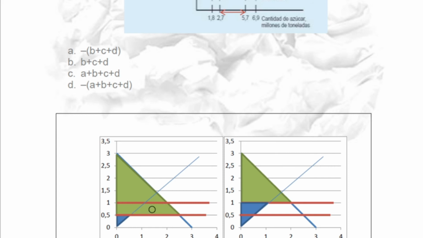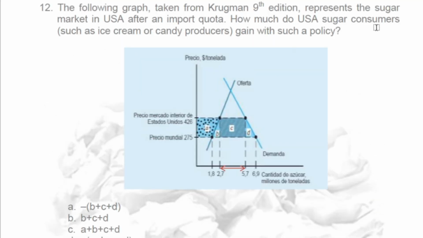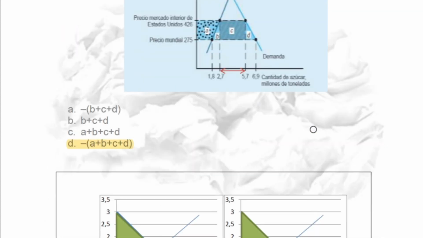So be careful. They lose A plus B plus C plus D, so they gain negative A plus B plus C plus D.